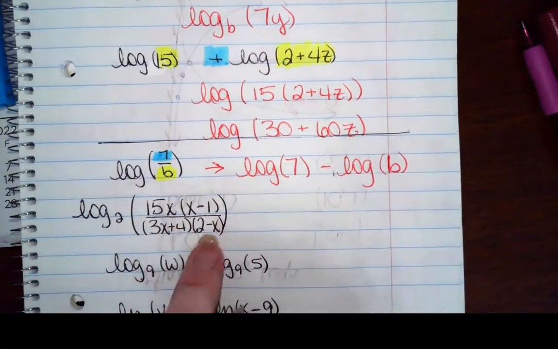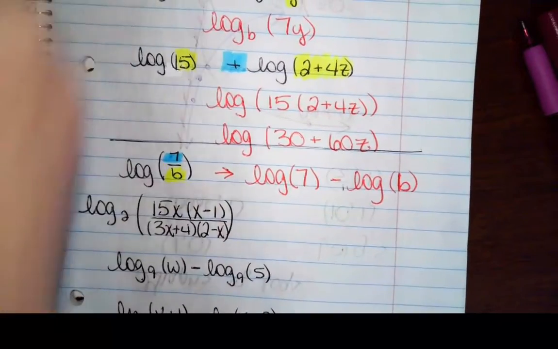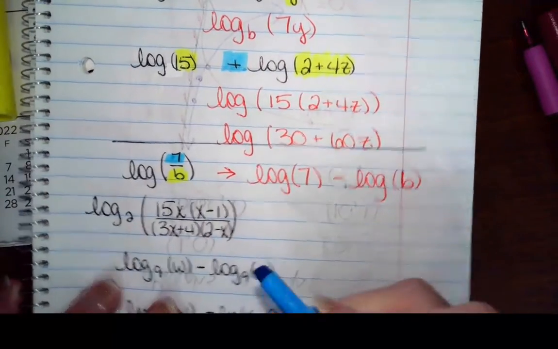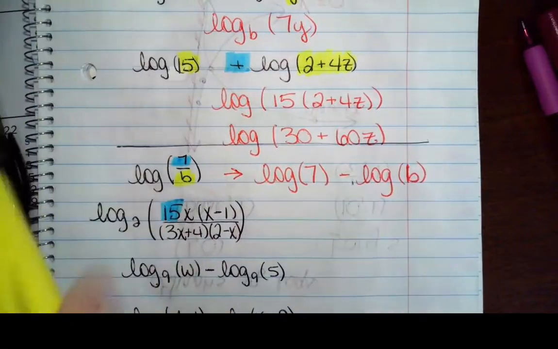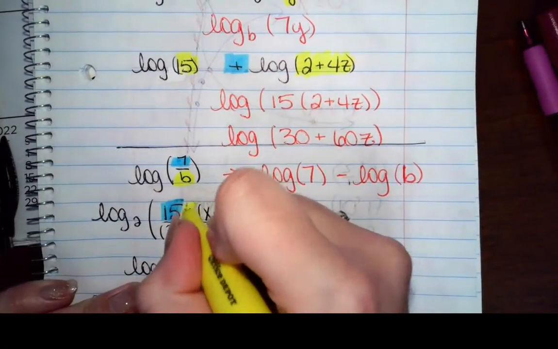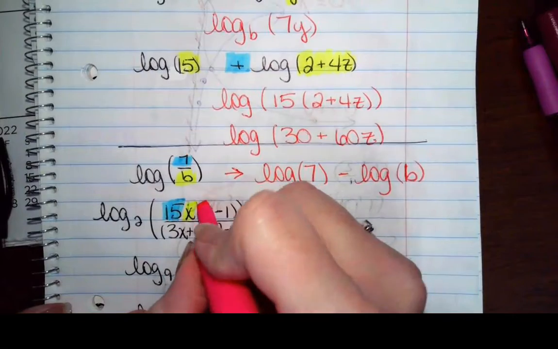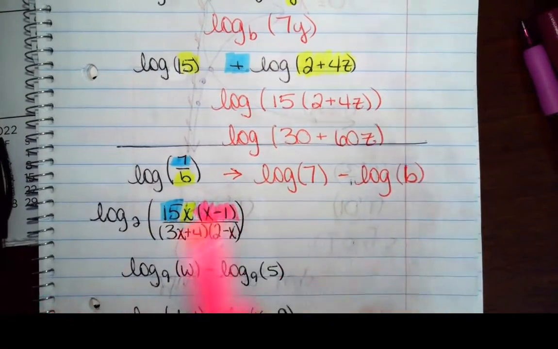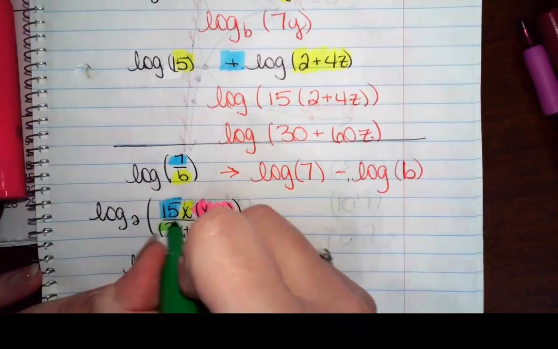Okay, this one has got a whole lot of stuff going on. Let's see if we can do this. I've got a 15. I've got an x. I've got an x minus 1. I've got a 3x plus 4.